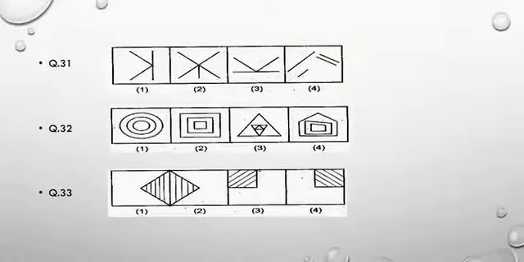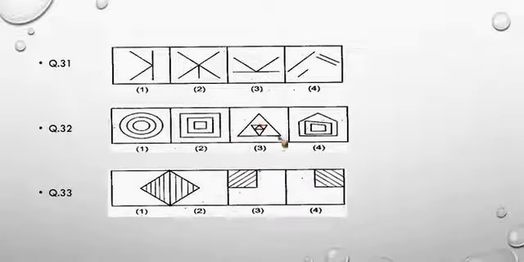Let's go to next question. In the next question, in option 1, there is a circle outside in which there is another circle, and at the innermost part also there is another circle. Similarly, in the case of option 2, there is a square in which there is another square in which there is another square. Let's see the problem figure 3.